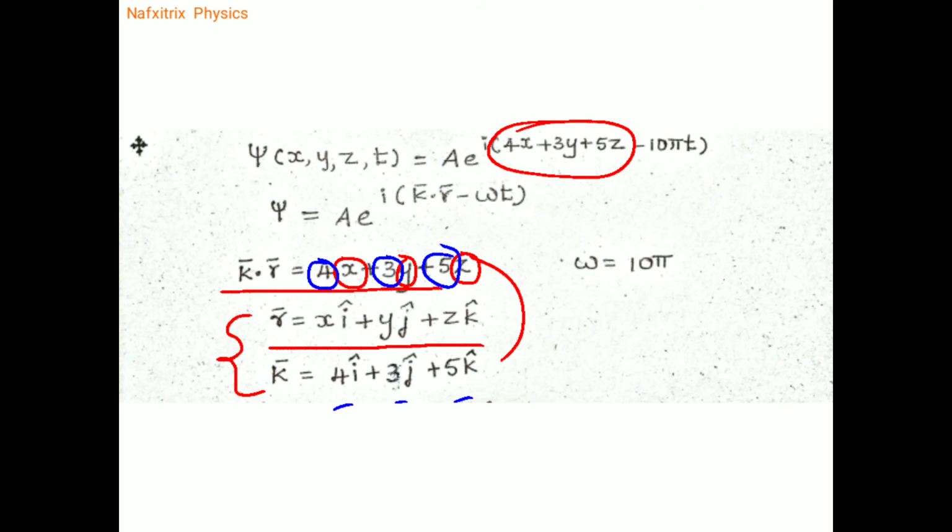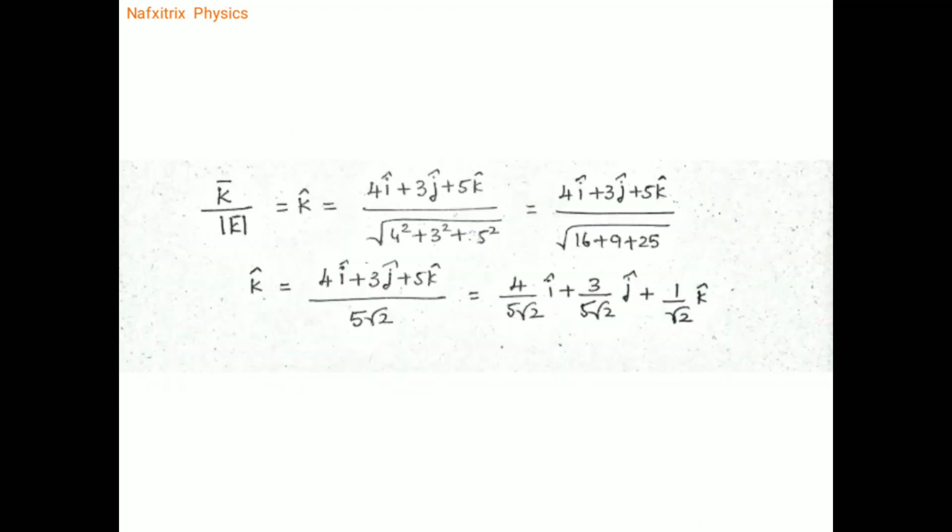Now we need to find the unit vector. For any vector, suppose a is a vector, the unit vector is nothing but vector a by magnitude of a, which gives us information only about the direction. So the unit vector in the direction of propagation is the k vector divided by magnitude of k. The k vector is 4 i cap plus 3 j cap plus 5 k cap.